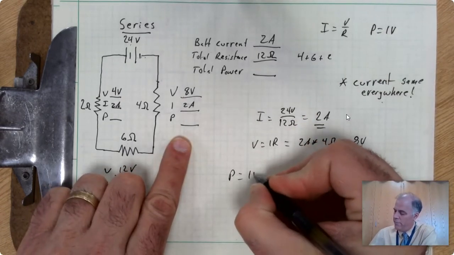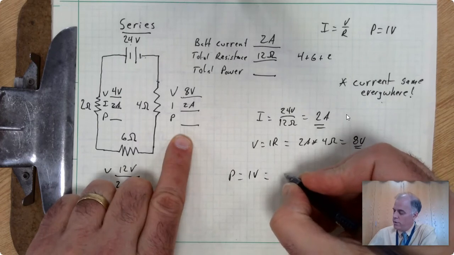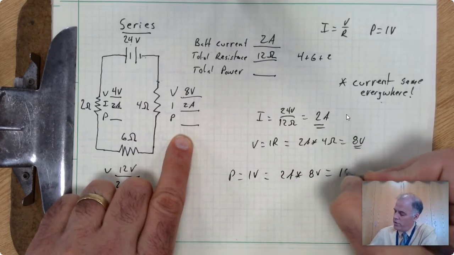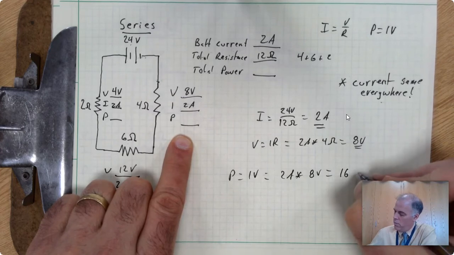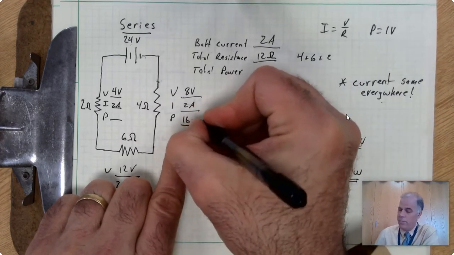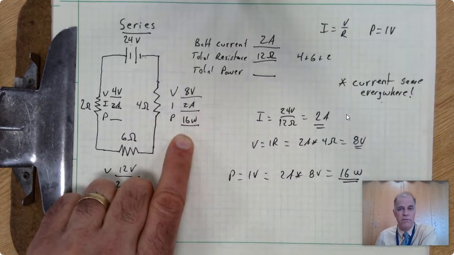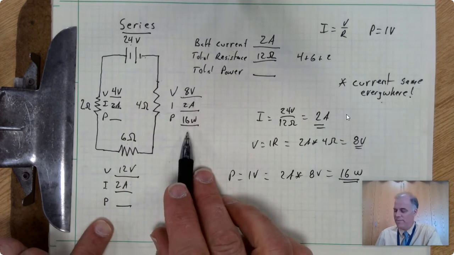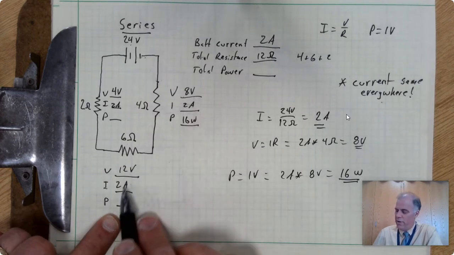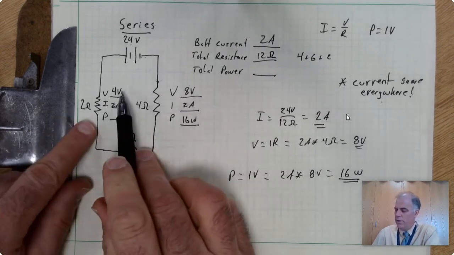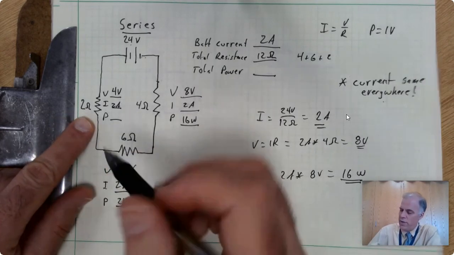P equals IV for this first one is going to be 2 amps times 8 volts, which is 16 watts. So this one is dissipating 16 watts of energy, 16 joules per second. This one down here is 12 times 2, which is 24 watts. This one here is 4 volts times 2 amps, which is 8 watts.